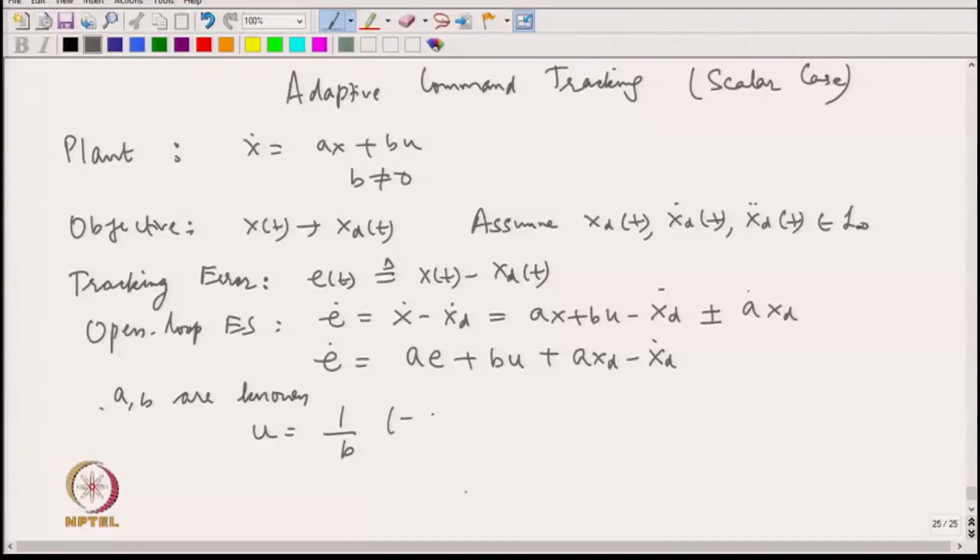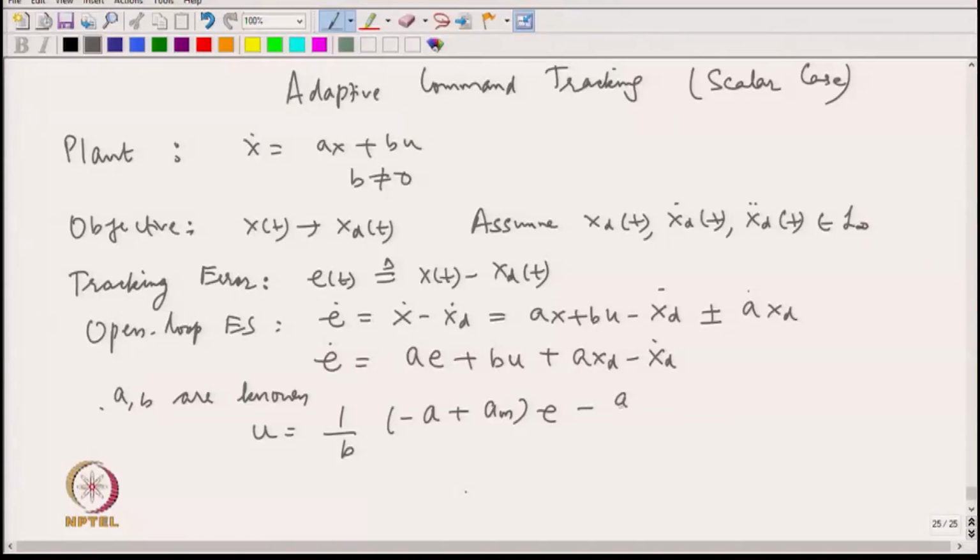Although A is known, it can be either positive or negative. So, we want to cancel this term, and we want to place our own term A_m here, and we also want to cancel these two terms, because they are not really helpful in proving that e goes to 0. So, we want to cancel the terms involving the desired trajectory.